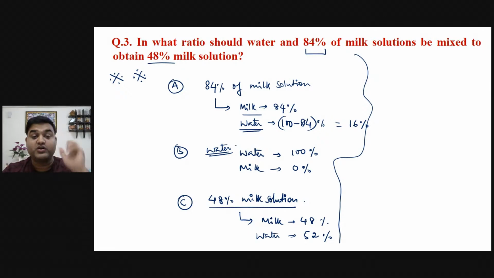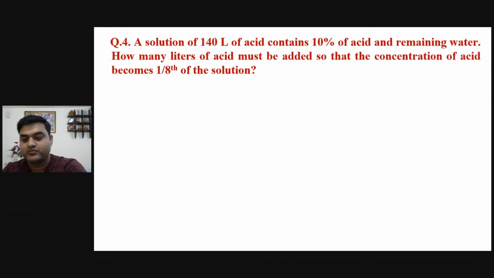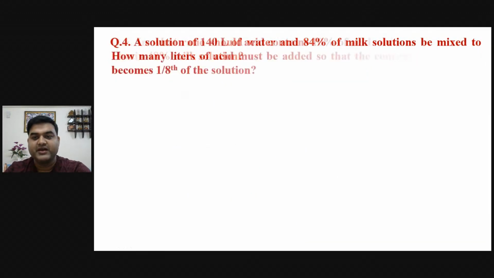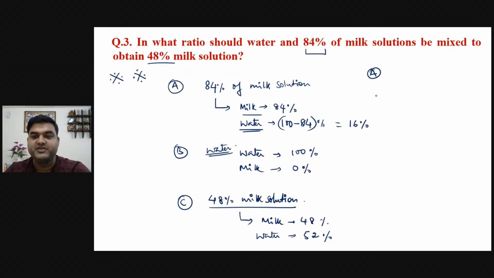Now, having understood this fact, let's see how to do it. Very easy. The two things we have to add, that has to be written first. Solution A and solution B, we are going to mix. This question can be done considering only milk percentage.